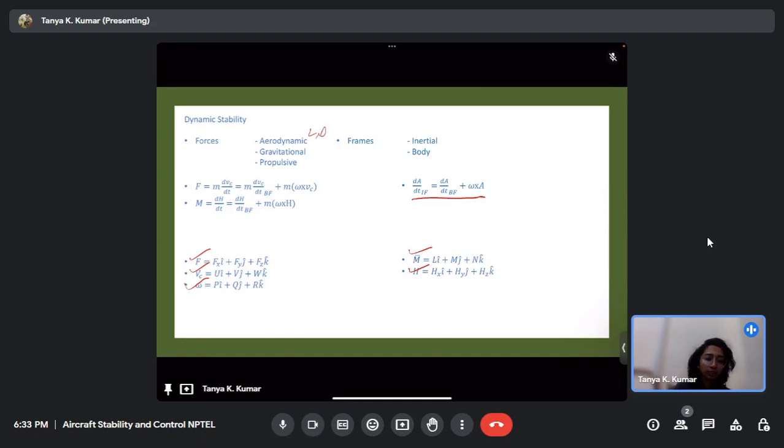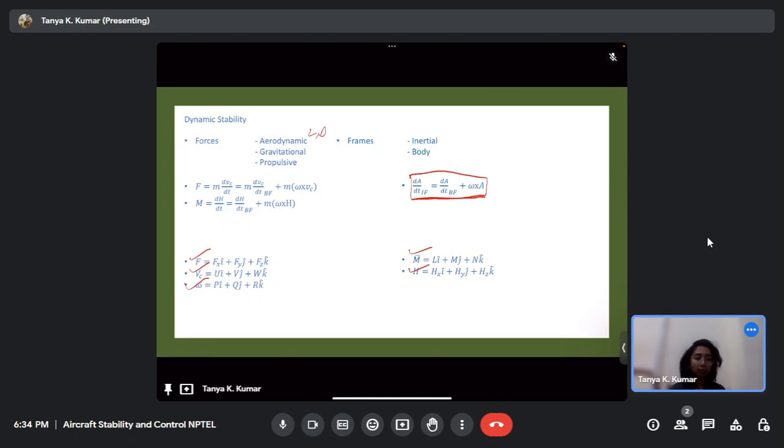Just take a moment, go over it, write it down. We need to justify why we have this relationship, right? This is called the Reynolds transport theorem, which gives the relationship between derivatives in the body and the inertial frame.